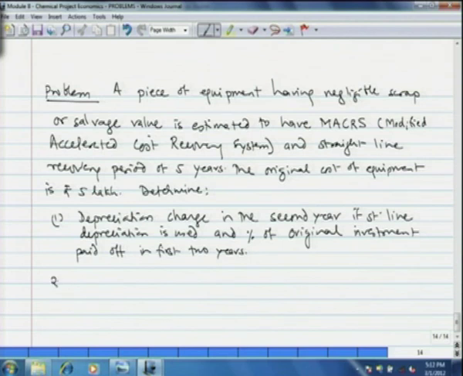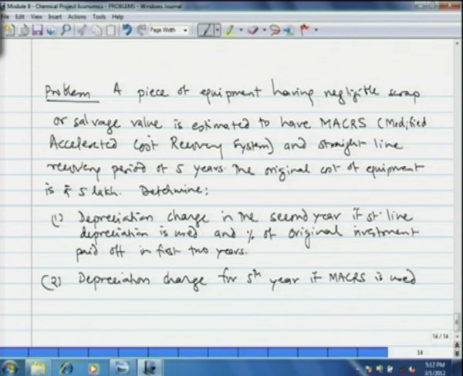Then secondly, depreciation charge for the 5th year, if the modified accelerated cost recovery system is used, and the percentage of original investment paid off in the first 2 years.